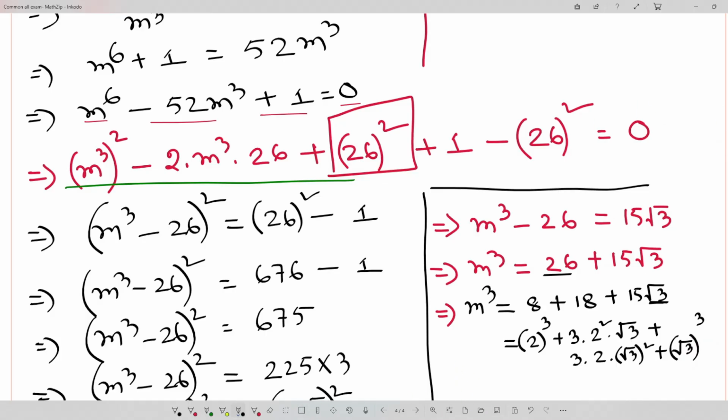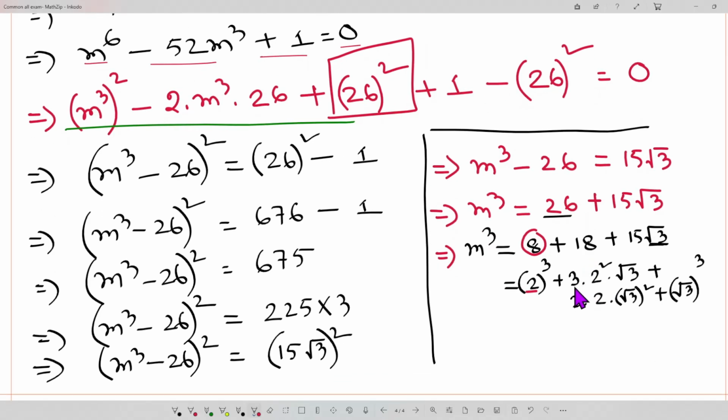Now let's check. 2 cube means 8, and 2 square is 4. 4 times 3 is 12, right? Look, we can write this against this one. It's 3. 2 square means 4. 4 times 3 is 12 root 3, but still we need 15 root 3.